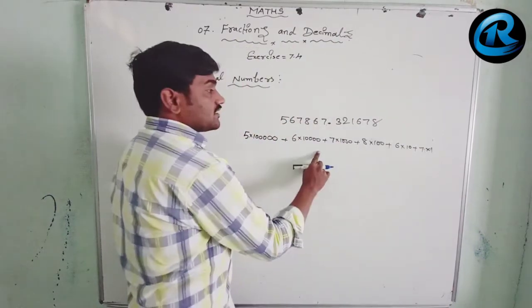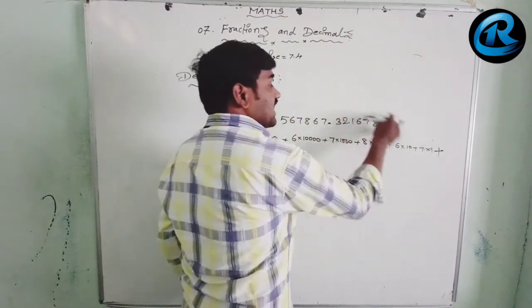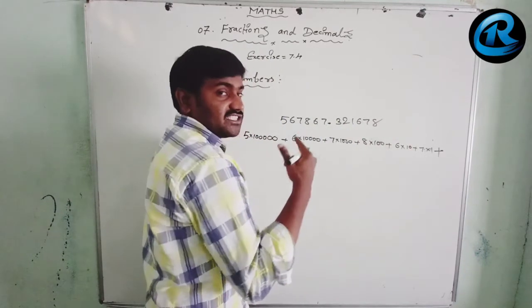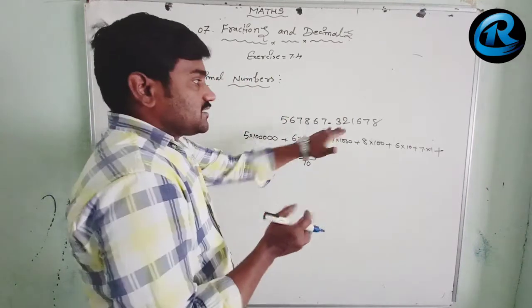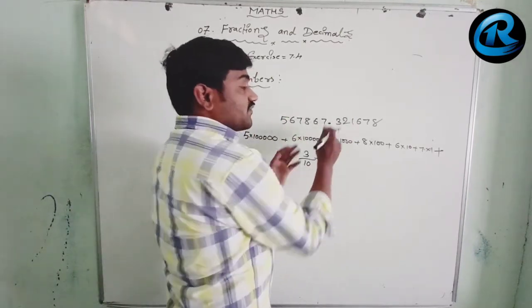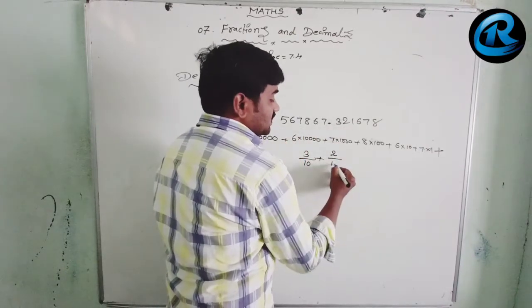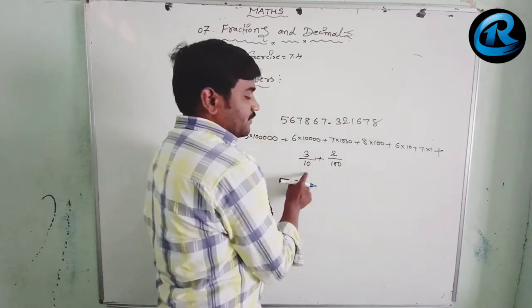So we have multiplied by the place values. But after the decimal point, we have to write divided by the place. Let us add this also now. How do we write this? 3 in the tenths place, that means 3 by 10. Here it always starts from the tenths, and here 2 by 100. So if it is the first digit after the decimal point, you divide by 10.